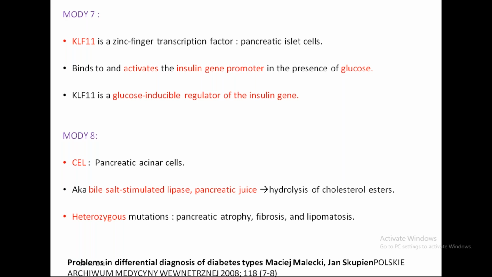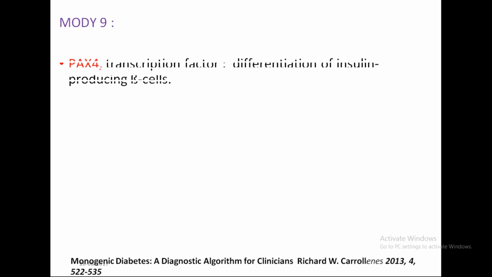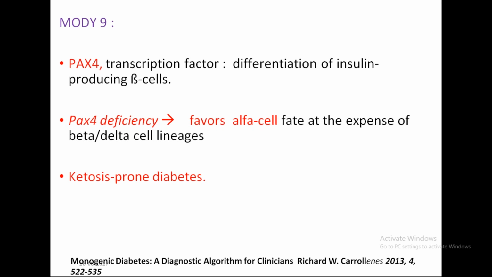Hydrolysis of cholesterol esters occurs, and with heterozygous mutations, pancreatic atrophy, fibrosis, and lipomatosis can occur. MODY 9 is the PAX4 transcription factor, involved in the differentiation of insulin producing beta cells. Its deficiency favors alpha cell lineages at the expense of beta cell lineages, and they are prone to ketosis and diabetes.